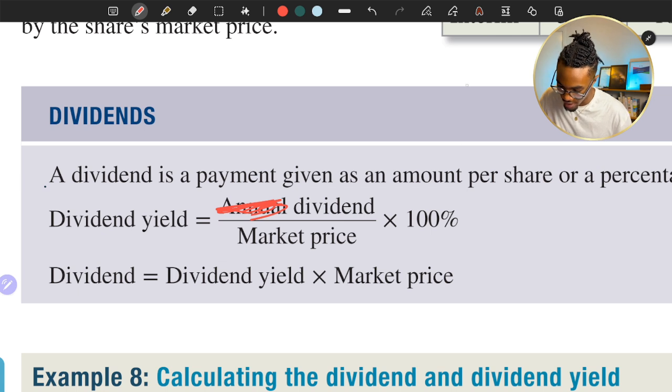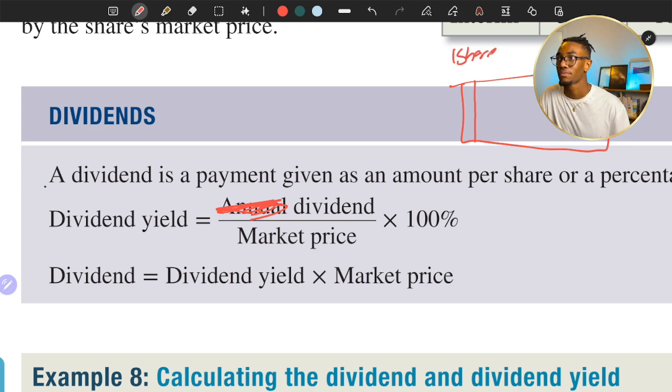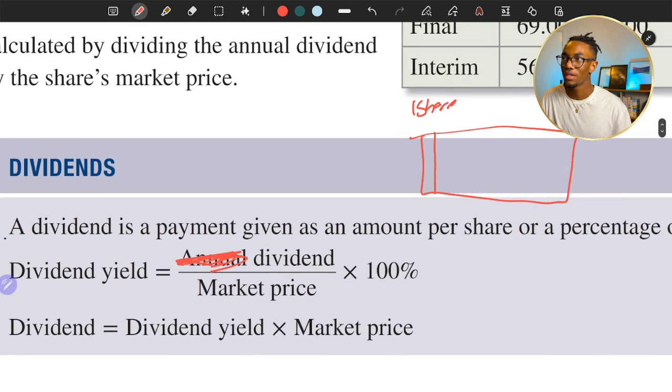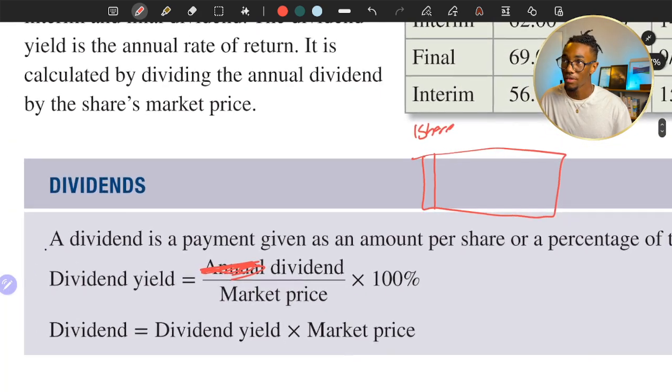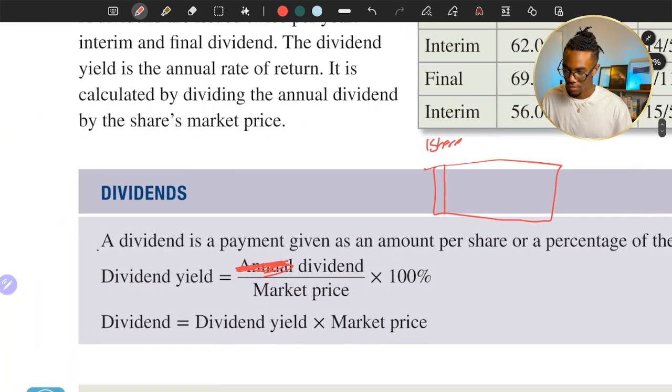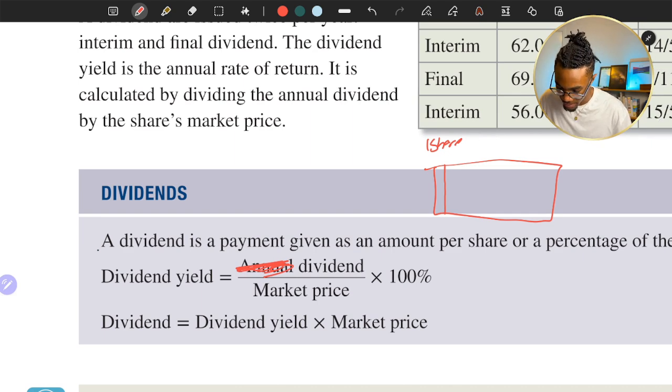So going back to the example of ACM tuition, we have this one share, and this was $2.50, and then the dividend was 20 cents.